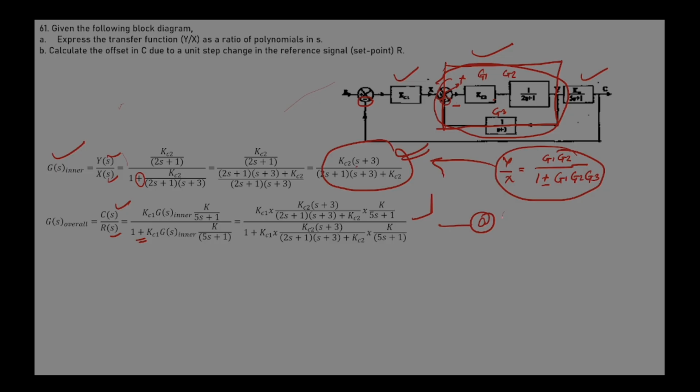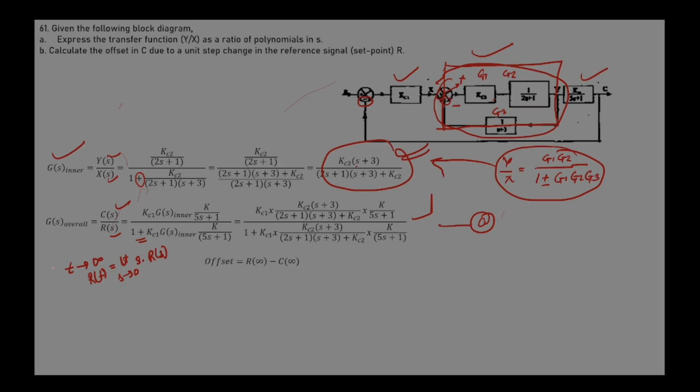Offset is very important. Most people don't understand what offset is. So offset is R infinity minus C infinity. What does it actually mean? It means at t tends to infinity, that means at infinite time when my process is complete, I don't know whatever time the process has taken to complete, but at t equal to infinity, R(t) is equal to limit s tends to 0 of s into R(s).